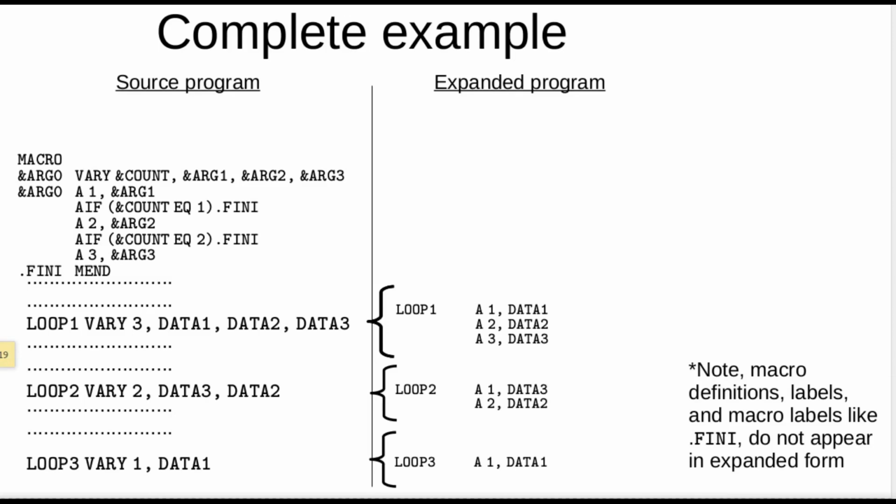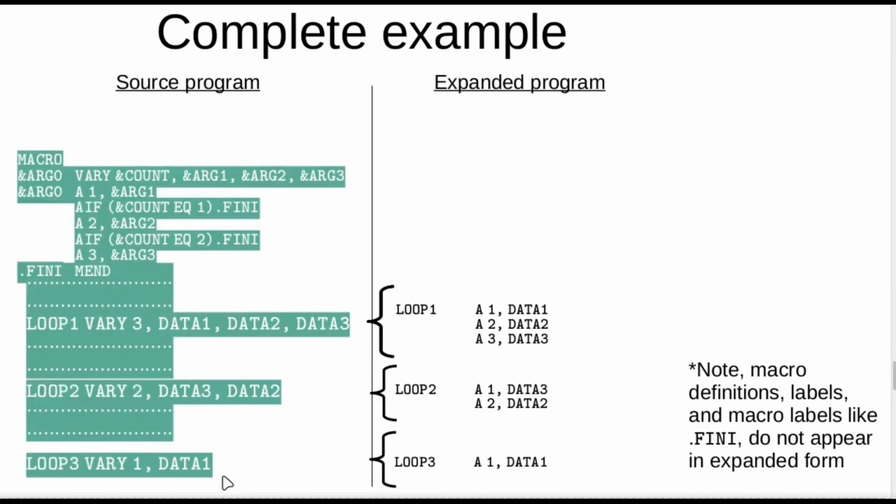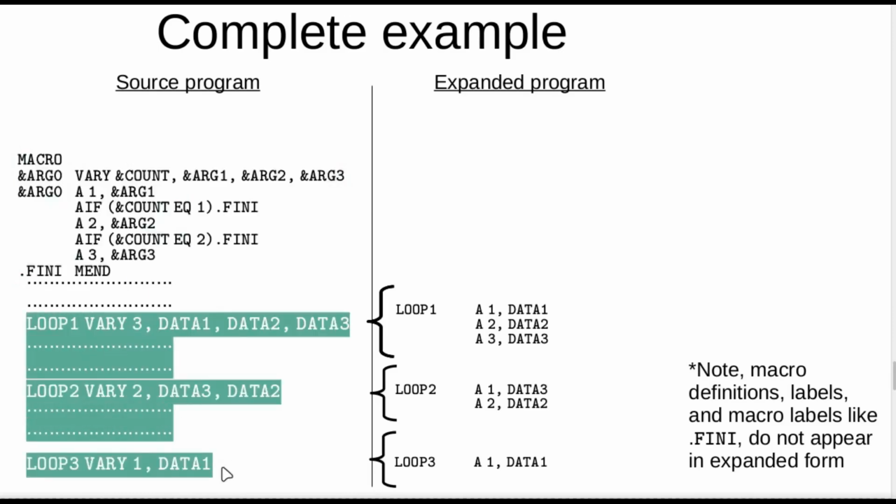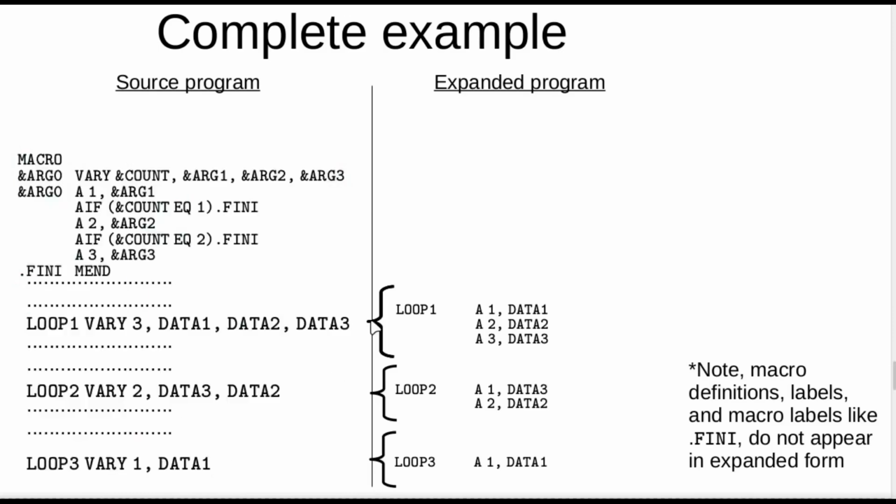So the complete example can be represented in this way, where we have a source program and an expanded program. Now again, this same thing we have been explaining in the last few slides, right? This part is the macro definition, and these three are the three different macro calls. Now each of these macro calls can be expanded to have particular meanings.